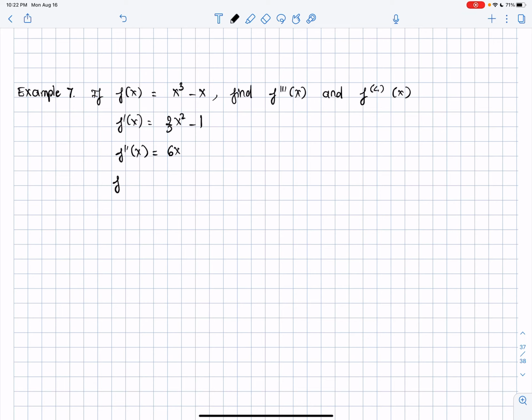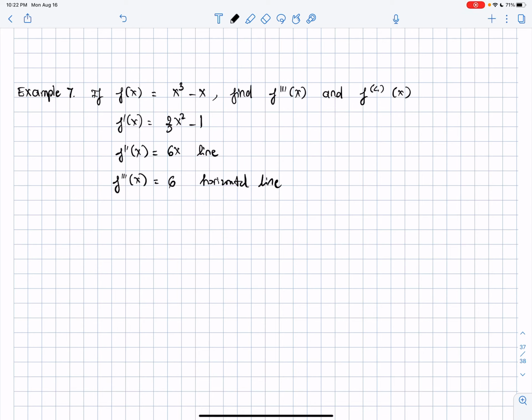We can apply the same definition one more time to find the limit, like before. But notice that f double prime is already a linear equation. For f triple prime, the definition of the derivative is the slope of the tangent line, and this is already a line, so the tangent line to that curve will be itself. So the slope will be 6, and this is also a line, but it's a horizontal line.